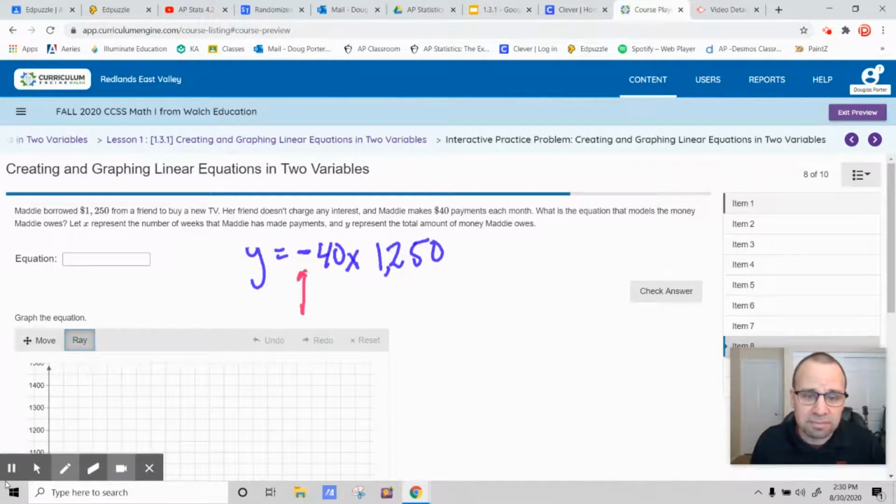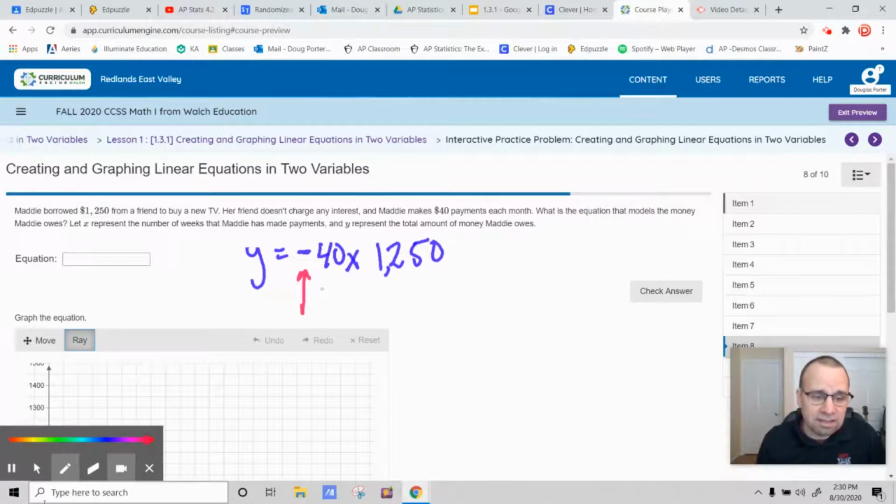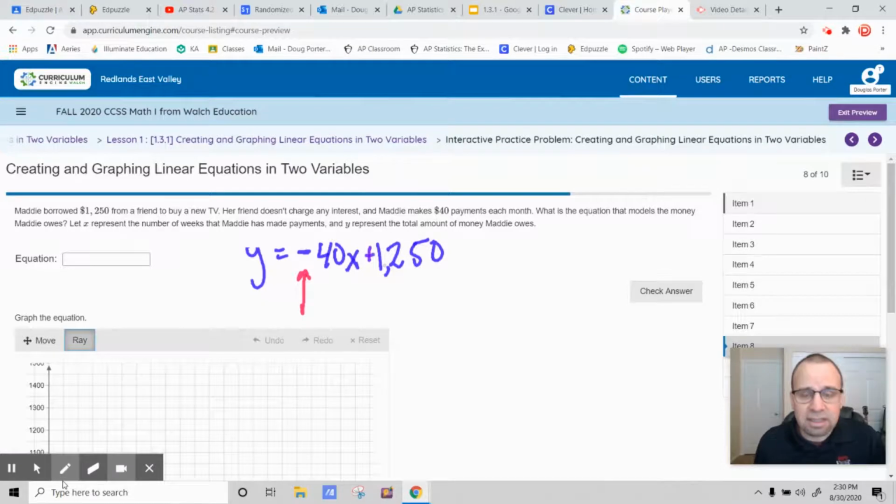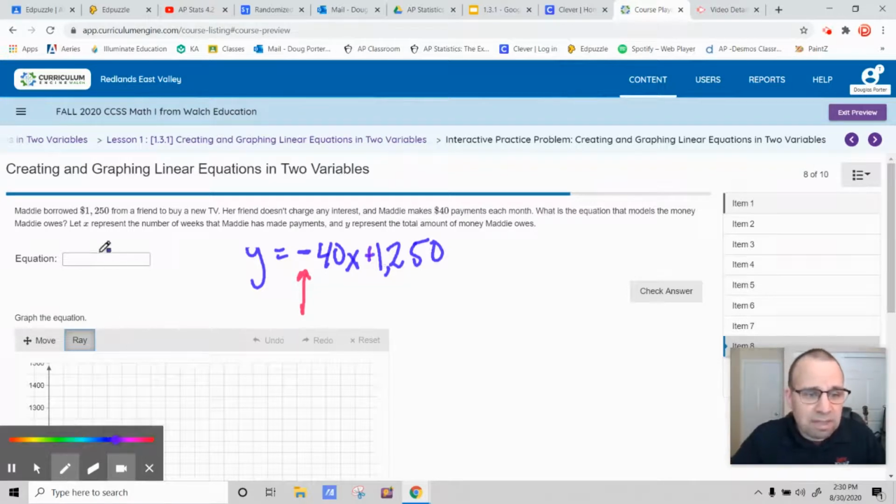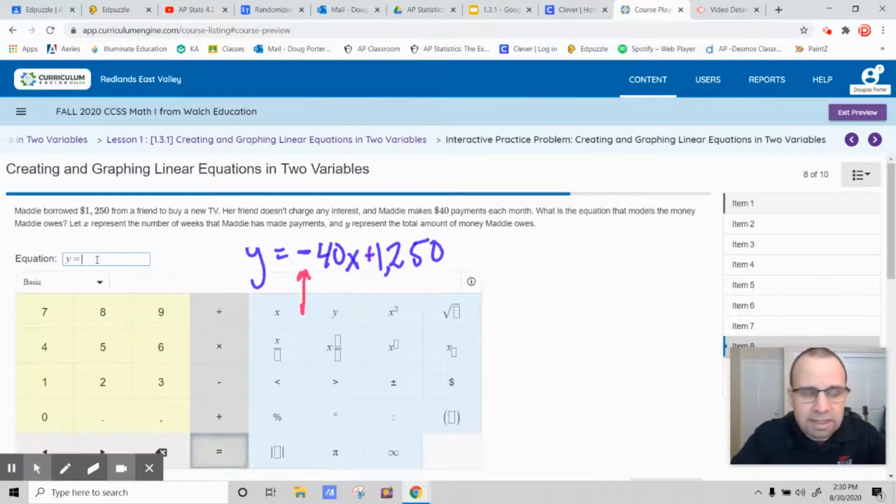Really important there to have the context of this problem. So we're paying this down. We're paying down the $1,250. So hopefully that will work out in the equation. Let's see if that works. Y equals negative 40x plus 1250.